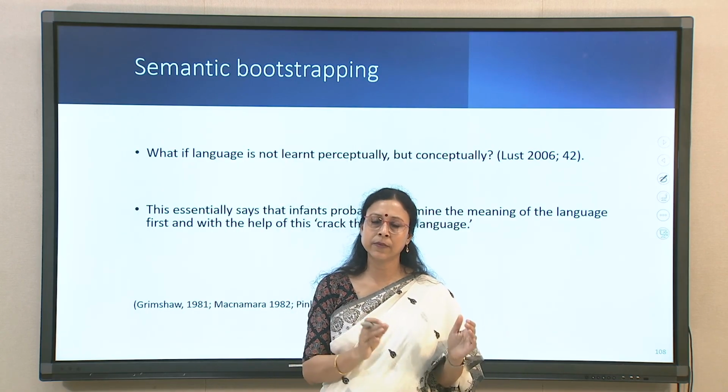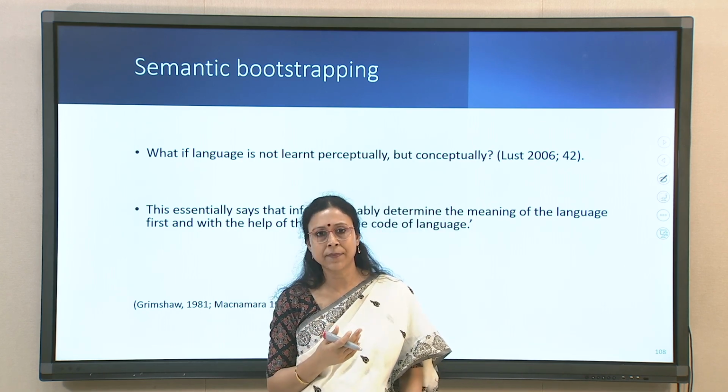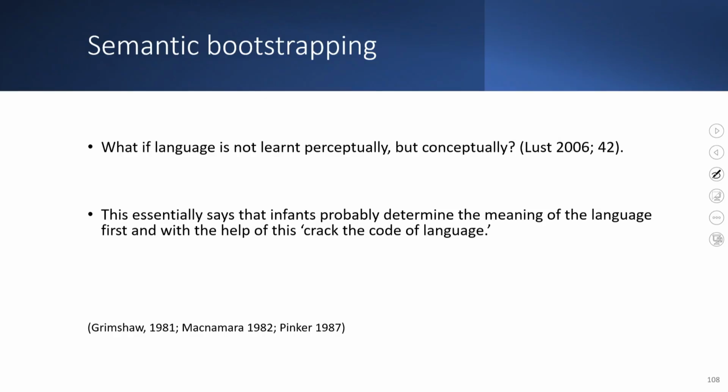We can consider all of them a sort of phonological bootstrapping, because using phonological or phonetic properties of the language, the cues that they get, we think they are trying to segment the continuous speech stream into words and find word boundaries.